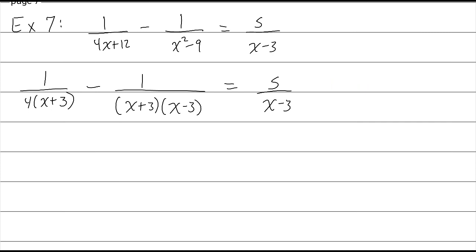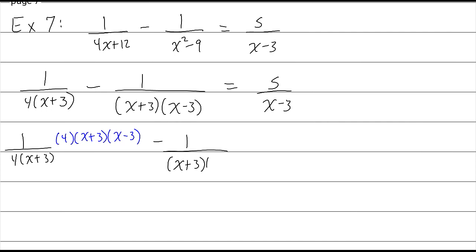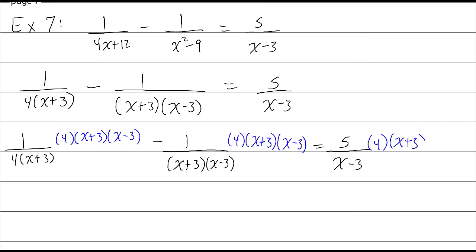All right, I'm going to write small so that I can fit this. 1 over 4 times x plus 3, x minus 3, minus 1 over x plus 3, x minus 3, times 4 times x plus 3, x minus 3 equals 5 over x minus 3 times 4 times x plus 3, x minus 3.